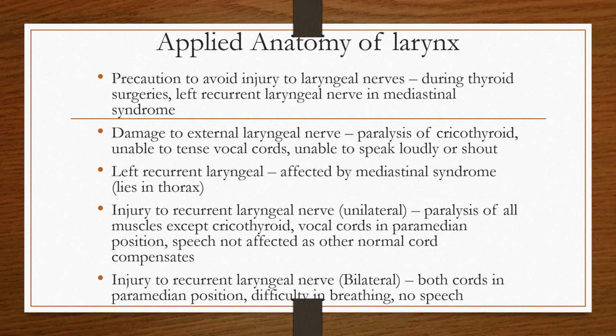The vocal cord lies in the paramedian position. Speech is not affected due to unilateral injury because the other cord compensates. With injury to bilateral nerves, both cords remain in the paramedian position. There is difficulty in breathing and speech is not possible.